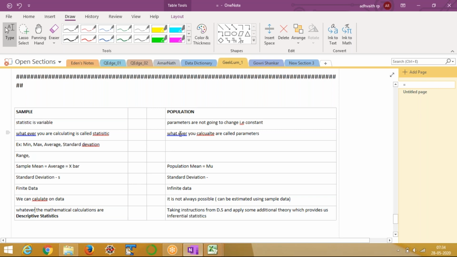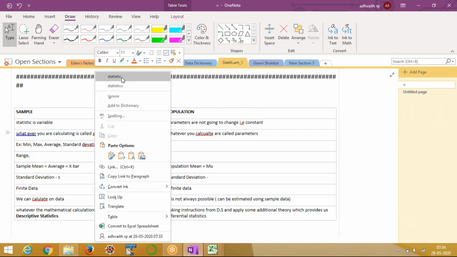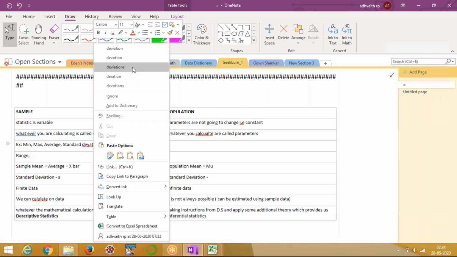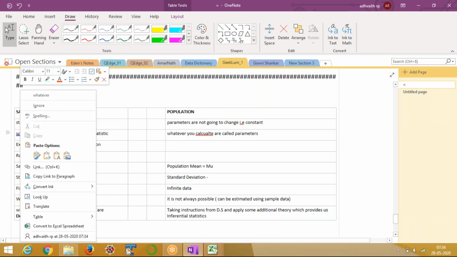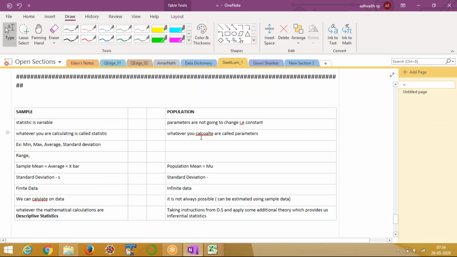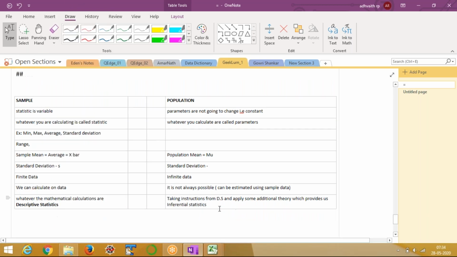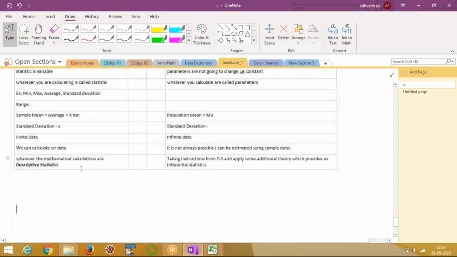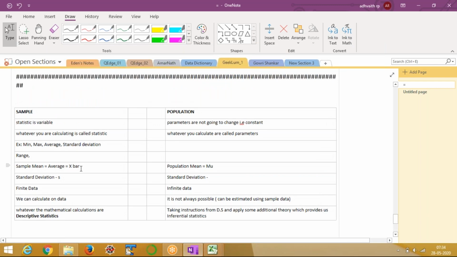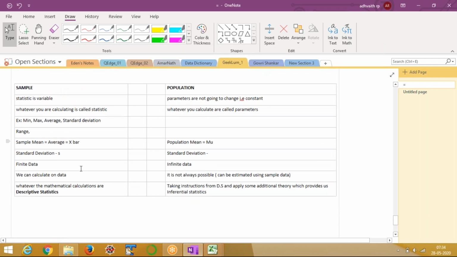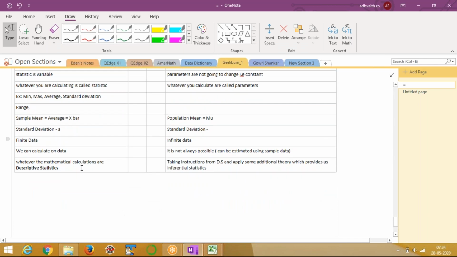These are grammatical and typing mistakes; it is highlighting them. All right, so everyone is clear about these differences between sample and population. Okay, now let's go.